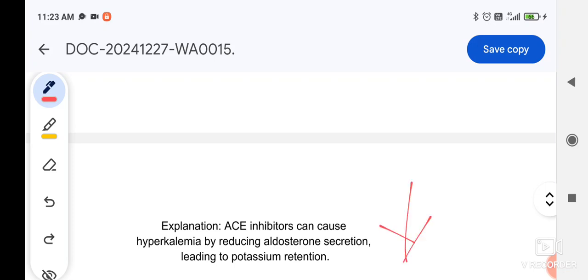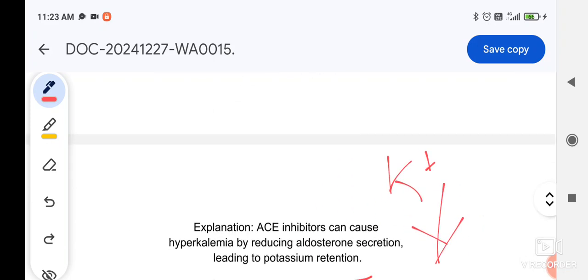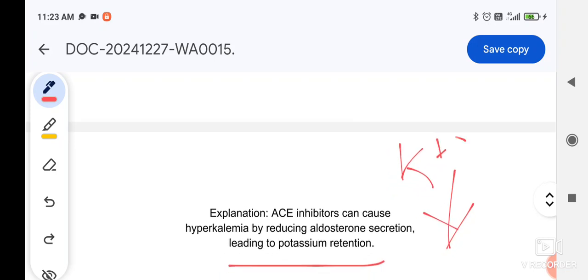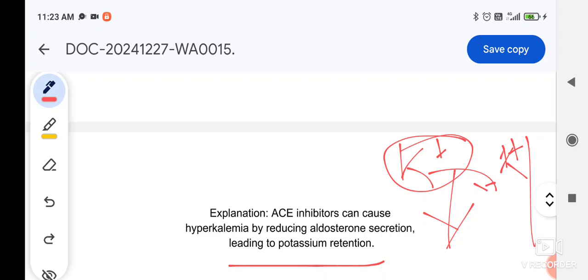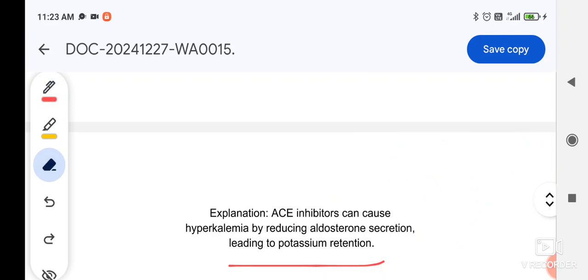They reduce it, leading to potassium retention. Potassium is retained, so the potassium ion number increases, and the aldosterone secretion goes down. This is how ACE inhibitors work, and this causes hyperkalemia.